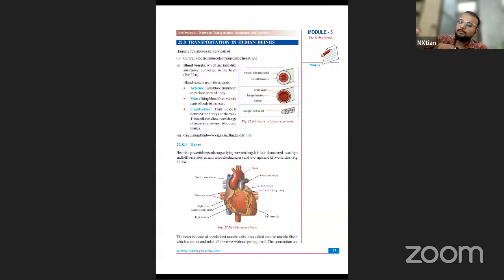So for human beings, why is transportation needed? Can anybody give me the specific reason why transportation is needed in a human being? Jahan, give me the reason.